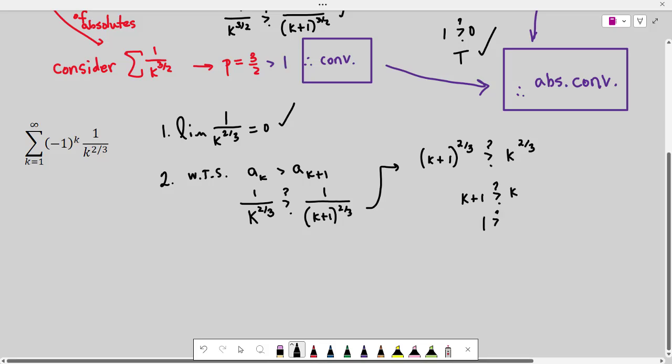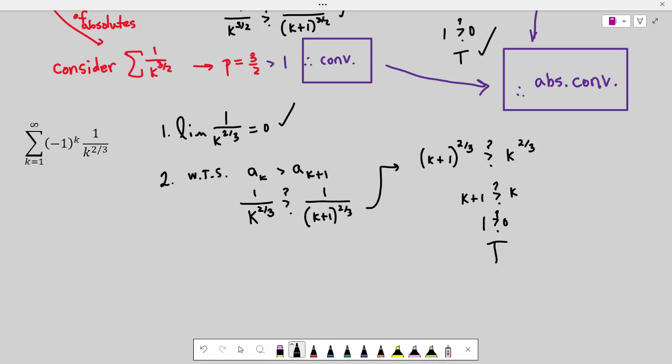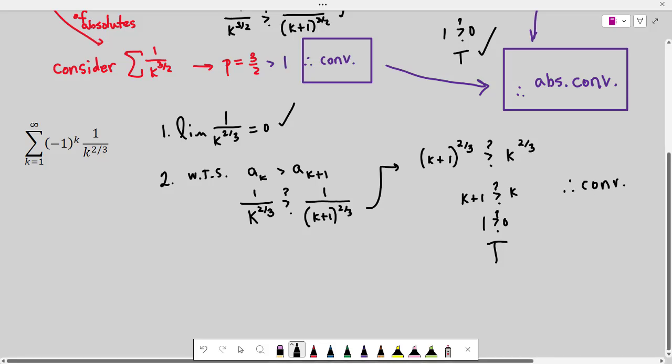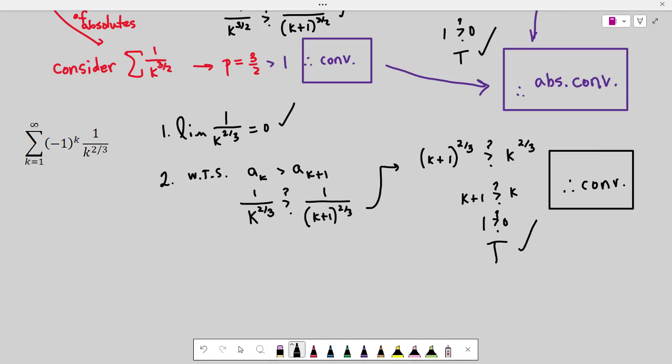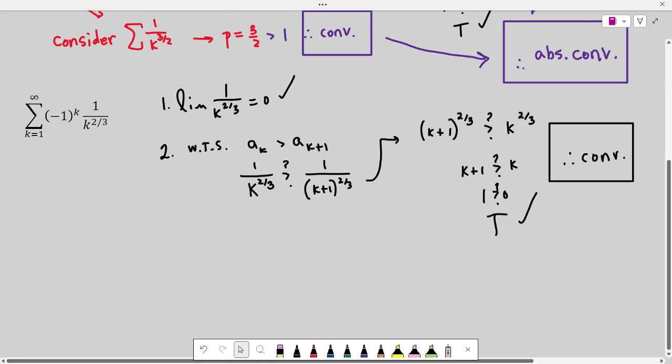And sure enough, we come down to a true statement. So if we get both those conditions to check off, so that and this is true, those check, that means the series of positives and negatives, the alternating series, converges. That's going to converge to something.